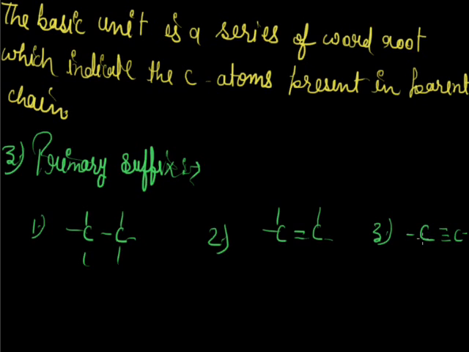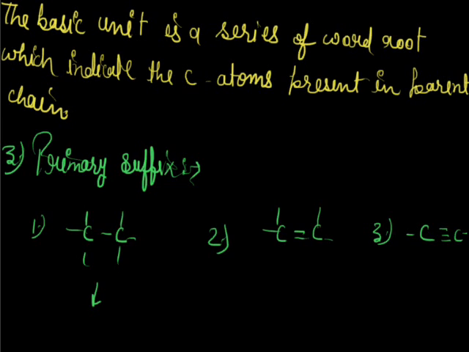So in the first case, a single bond is present between two carbons. In the second case, a double bond is present between two carbons, and in the third case, a triple bond is present between two carbons. So when only single bonds are present between carbon and carbon, then it is known as saturated compound.